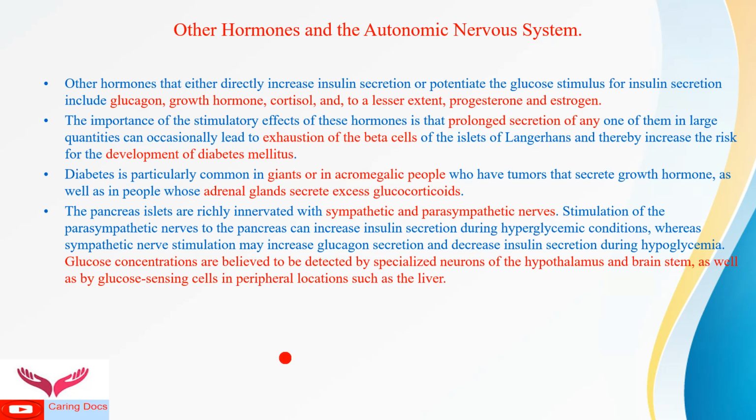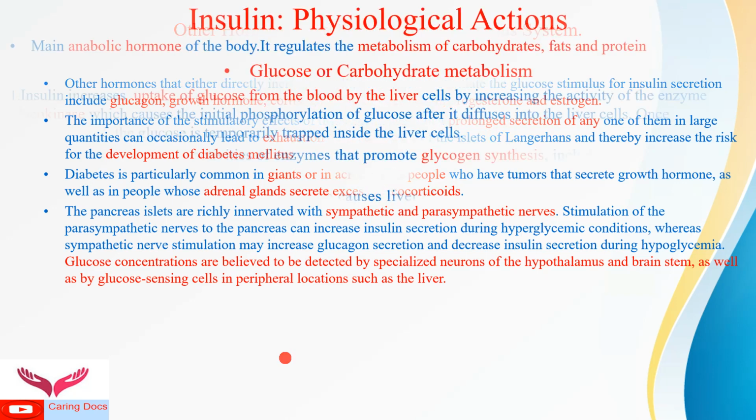Stimulation of the parasympathetic nervous system leads to increased insulin secretion during hyperglycemic conditions, whereas the sympathetic nerves cause increased glucagon secretion and decrease insulin secretion during hypoglycemia. The glucose concentration is believed to be detected by specialized neurons in the hypothalamus and brainstem, as well as by glucose-sensing cells in peripheral locations such as the liver.